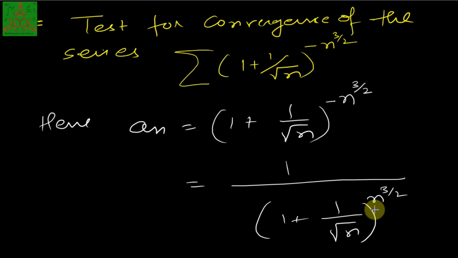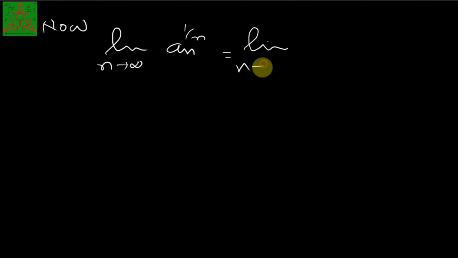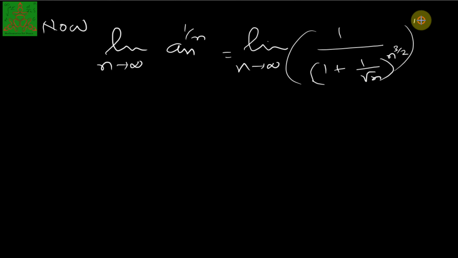Now this is in power, so we need to see what is the nth root of that. So let us see what is the limit of a_n^(1/n) as n tends to infinity. That will be the limit of n tends to infinity of 1 upon (1 + 1/√n)^(n^(3/2)), and the whole power 1 by n is there.